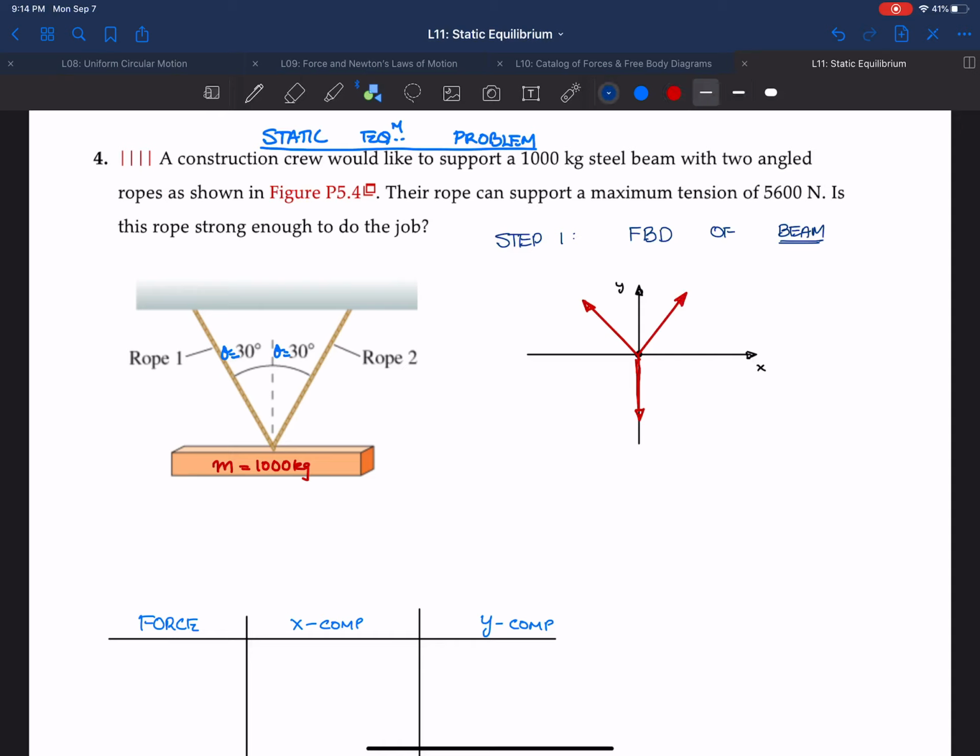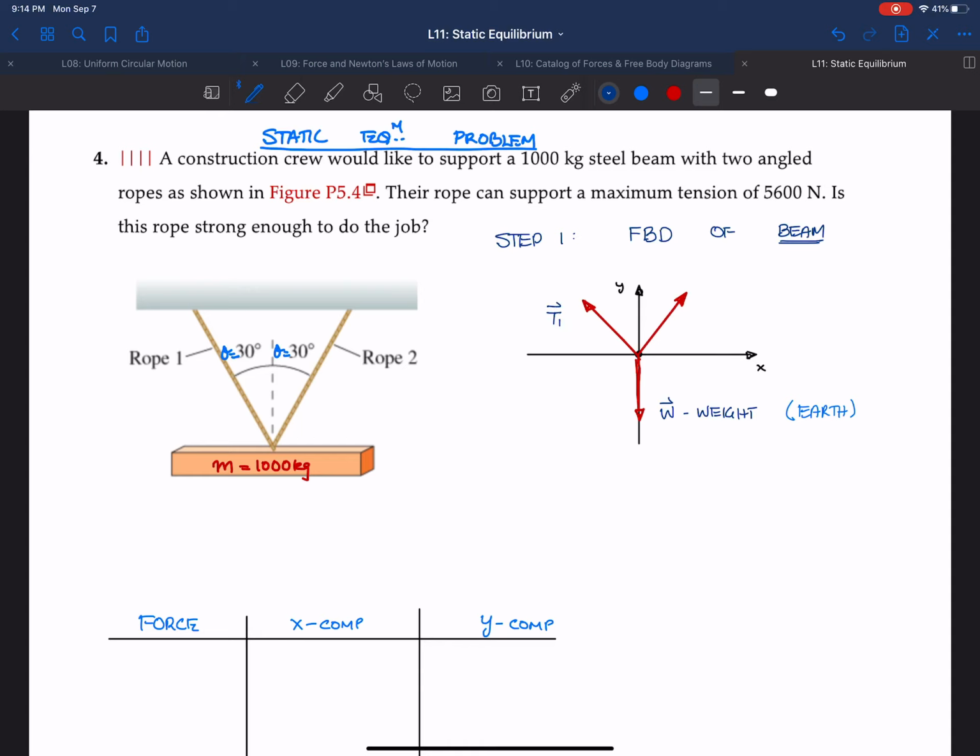Not quite. Let's label the forces. So there's the weight. And since this is the first time we're working through a problem, I'm going to put in all the details. What is the object exerting this force on the steel beam? It's the earth. It's the earth pulling down on the steel beam. And I'm going to call this the tension force, so I'm going to use the symbol T1.